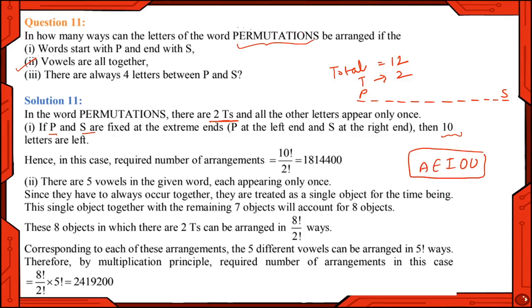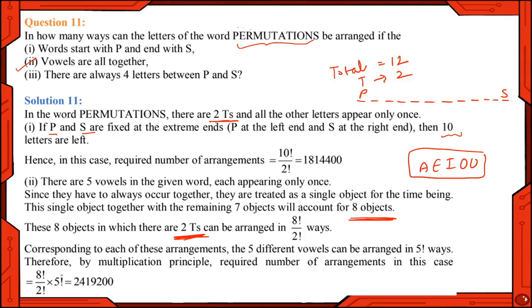So how many total objects now we have? 8, right? Because out of 12, 5 we are considering these 5 letters as one object and remaining 7. 7 plus 1, 8. And out of these 8, only 2 are same. T is coming 2 times. So factorial 8 upon factorial 2, and we can solve it.